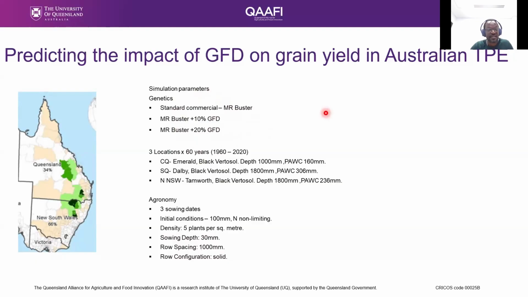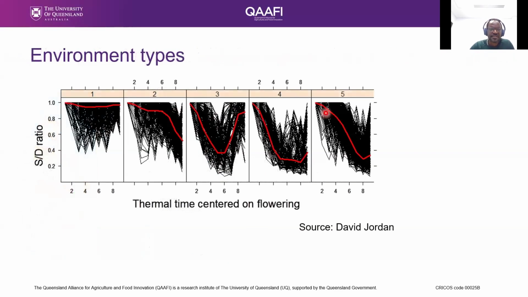And this was done across 3 locations using 60 years of data and standard agronomy. We also tested this across the different environment types that are possible. And this just shows supply-demand ratio for water.